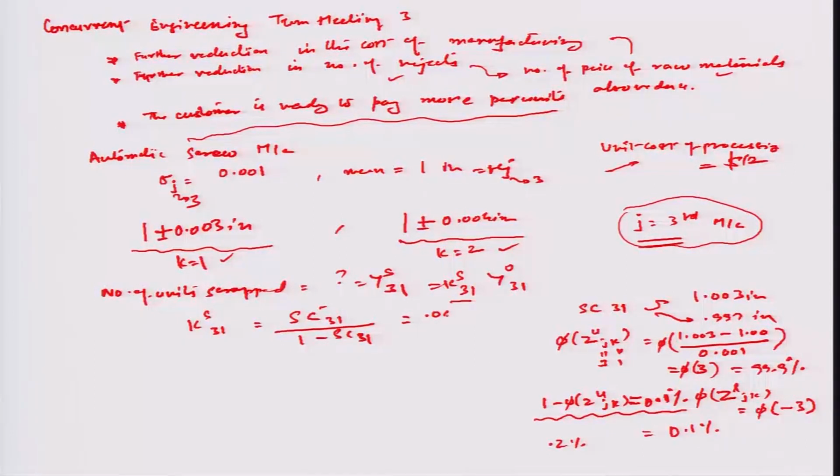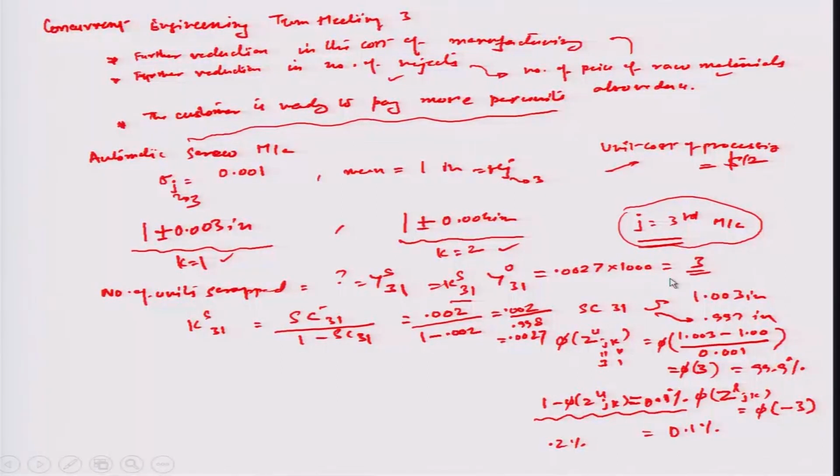So, 0.002 divided by 1 minus 0.002, which happens to be again a very small percentage of almost 0.0027. Okay. So, that is how the KS31 is, and so this units number of units scrapped is actually equal to 0.0027 times of 1000, which is about 3.